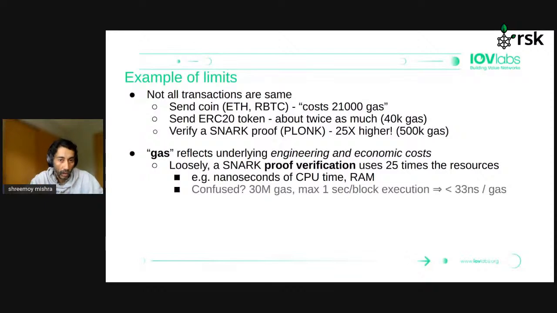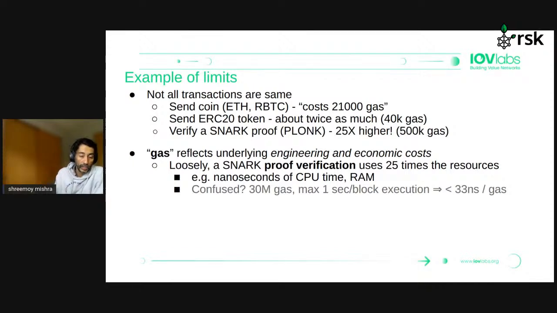So one way to think about the relationship between gas paid for a transaction and resource use is to divide the time. We want to execute every block inside of a second. 1 second is about 1 billion nanoseconds, and we divide that by the block size. Then we can obtain a cap for how much time a transaction can take per gas. And so for Ethereum, we come up with something like 33 nanoseconds per gas consumed.